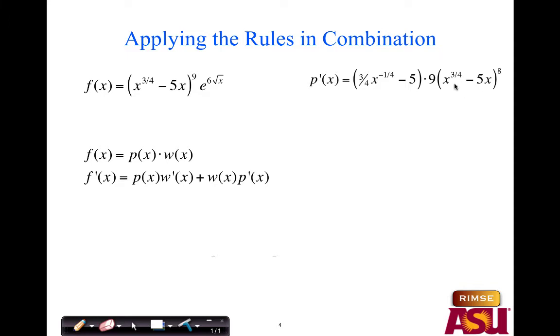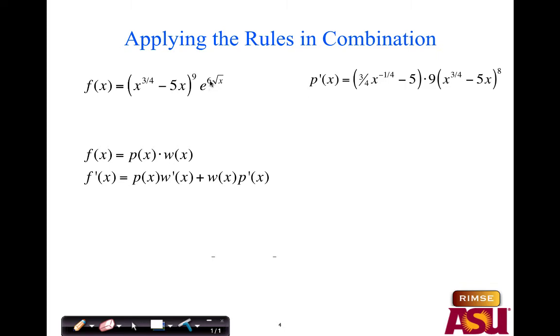We don't change the x to something else there. We're not going to change this inner part to something else either. Whatever expression was to the 9th power, in the derivative, that will be to the 8th power. There's going to be an extra factor tagged on that's the derivative of that inside part. So this is all power rule, both inside and outside.